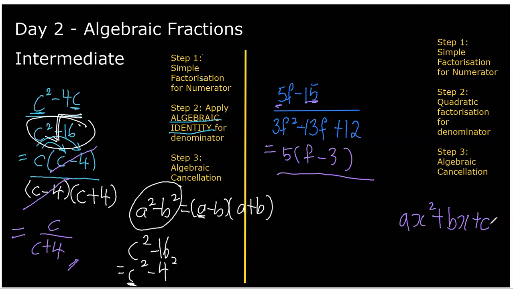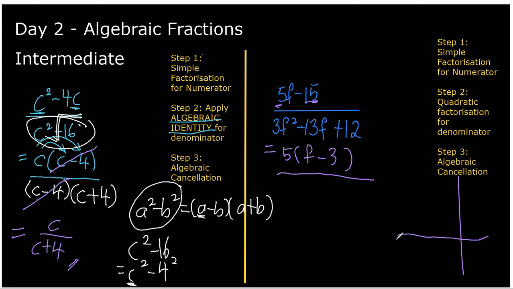For all quadratic expressions, we're going to use either the branching method or the cross method that looks like this. Depending on which country you're living in, just use the method that you are most comfortable with, or the method that is already drilled inside your head.